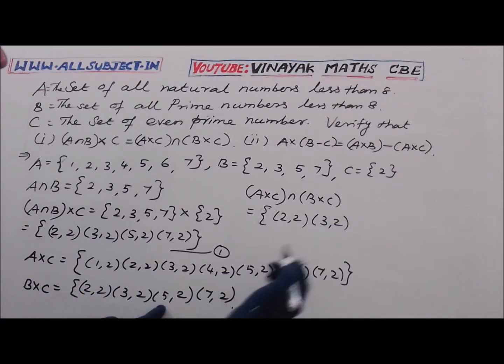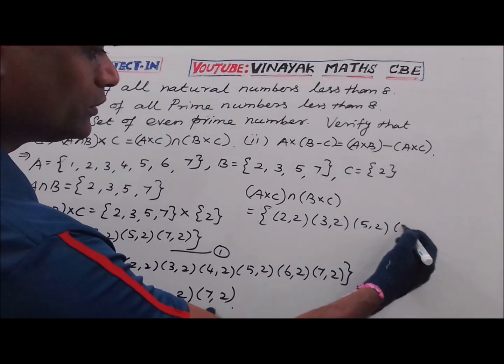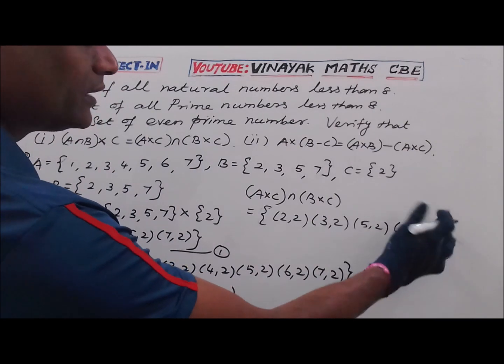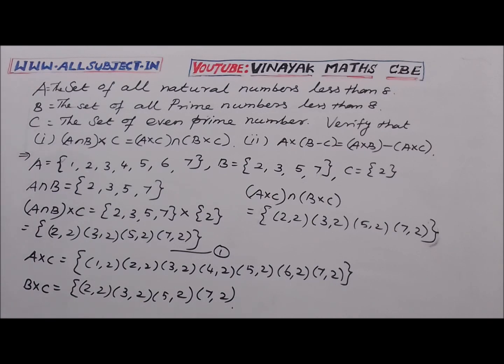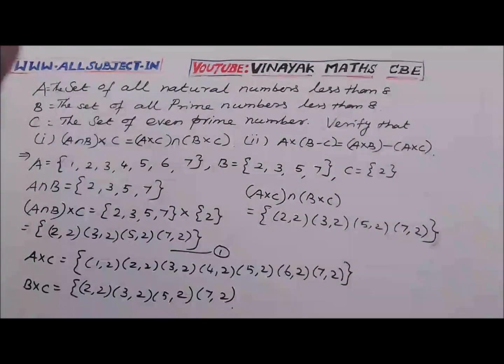Then 5, 2 is present here also, and 7, 2 is present here too. These are the intersection of both sets A cross C and B cross C. Because the 4 elements in B cross C are also present in A cross C, they are the intersection of these two. So this is known as A cross C intersection B cross C.